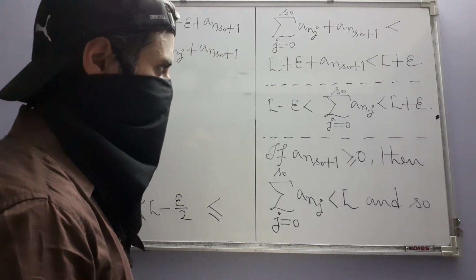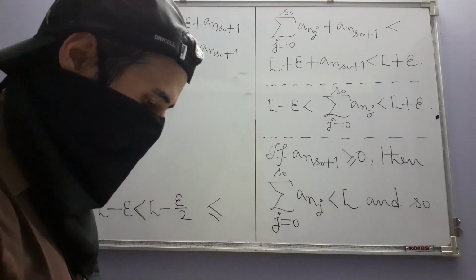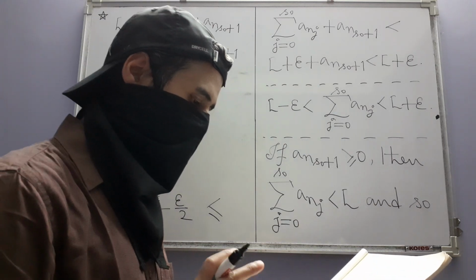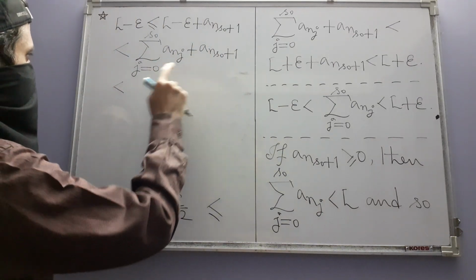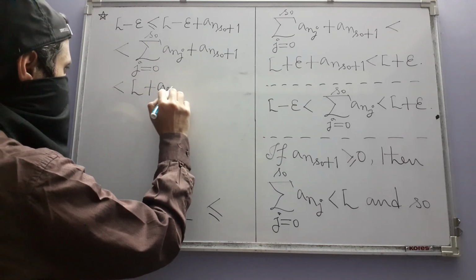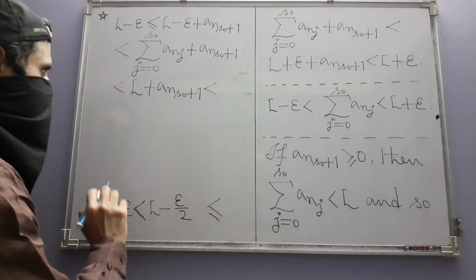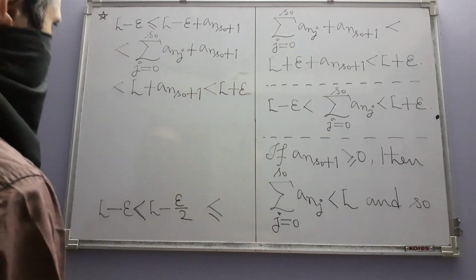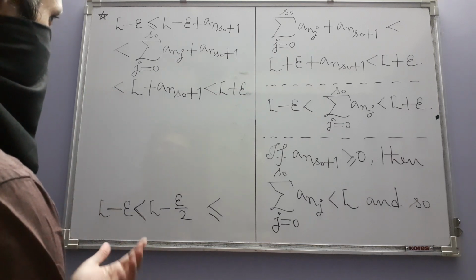How can that be true though? Let me just think. I've got confused about this part. Let me just think for a moment why I wrote this. Till this it's okay, but now after this what I have written is just simply this a n s naught plus 1, and then I wrote that this is less than L plus epsilon. The confusing part is this inequality. Where am I getting this from?